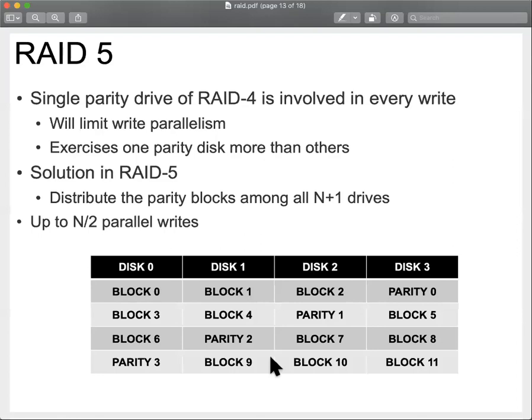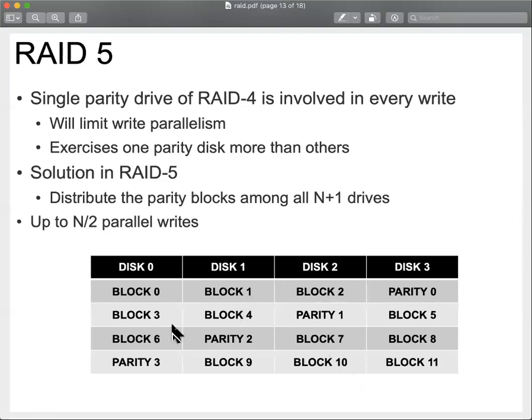So there's an answer: for disk 2 we cannot write in blocks 2, 7 and 10 if parity 1 is being updated. Yeah, of course, you can't do that. That's related to the previous answer by Harshit: if you're updating a parity on a disk, you can't be writing in parallel to other blocks on the same disk.